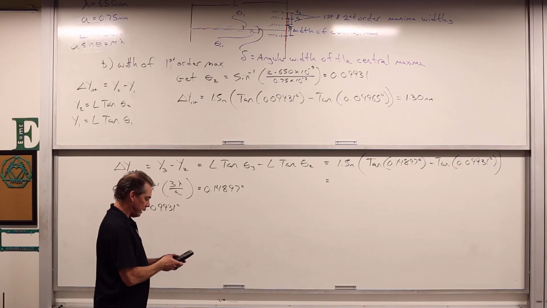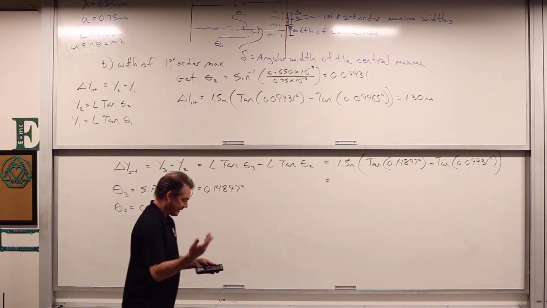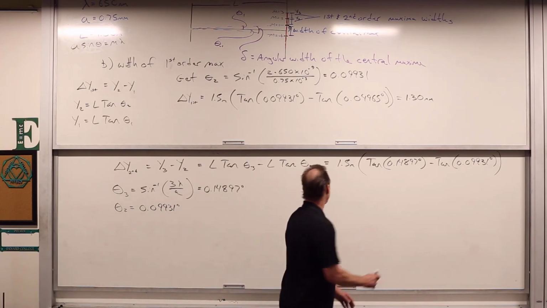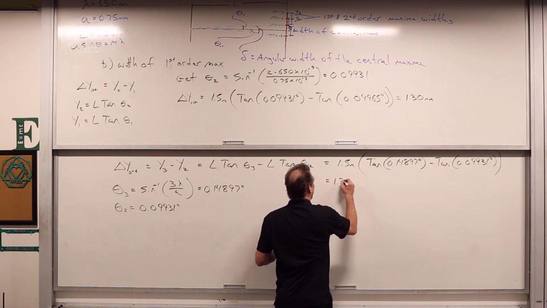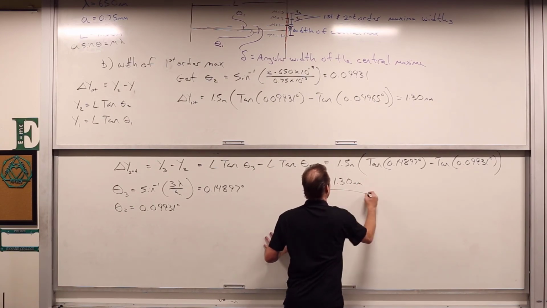Let's just go ahead and put it in though for the satisfaction. Tangent of 0.14897 minus tangent of 0.09931. And oh my gosh, I get 1.30 millimeters.